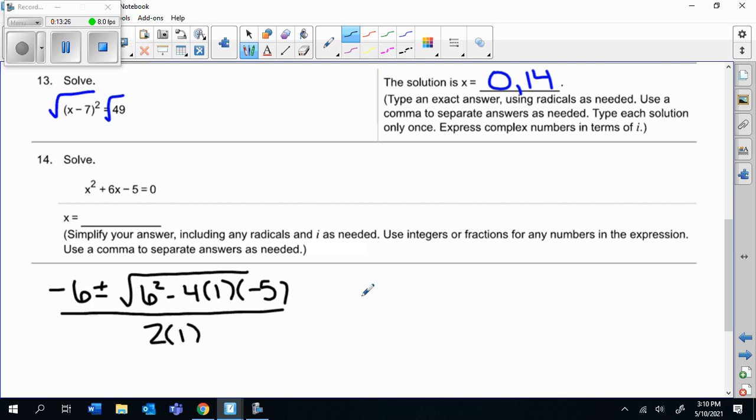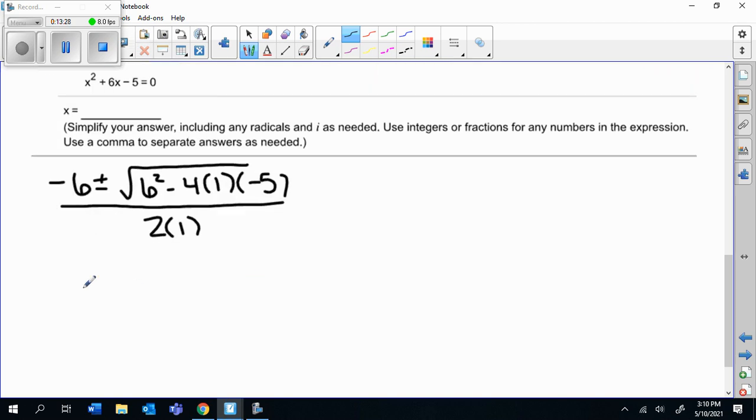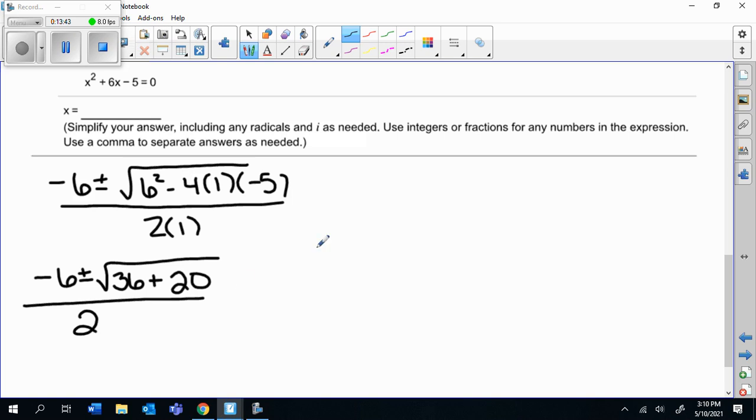I do have students that prefer quadratic formula to factoring. Quadratic formula works for all quadratics. So 36 plus a -4 and a -5 make positive 20 over 2. So -6 plus or minus the square root of 56 over 2.